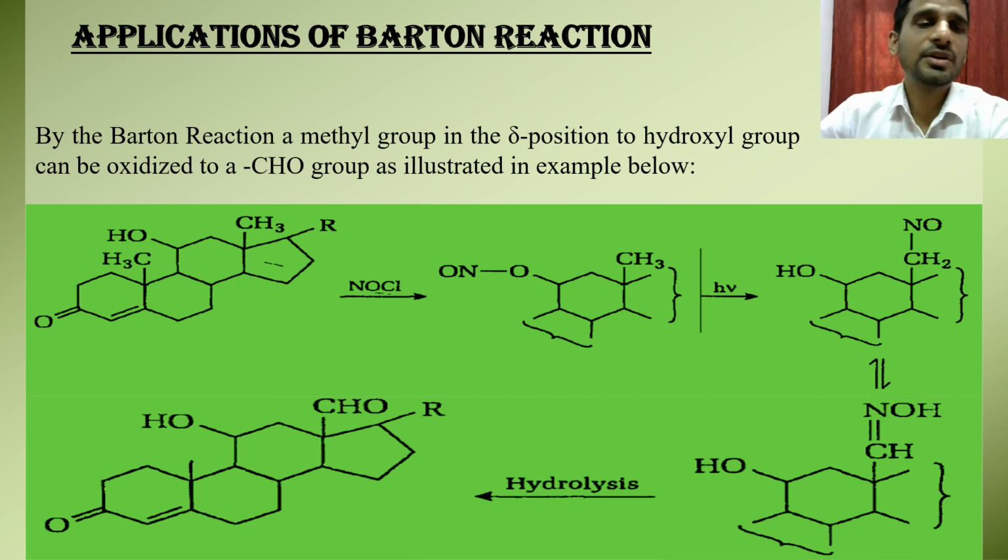When this secondary alcohol is reacted with nitrosyl chloride in a suitable solvent, it forms an alkyl nitrite derivative. On irradiation with light, it undergoes bond cleavage to form a delta nitroso alcohol. This delta nitroso alcohol is then converted into an oxime.